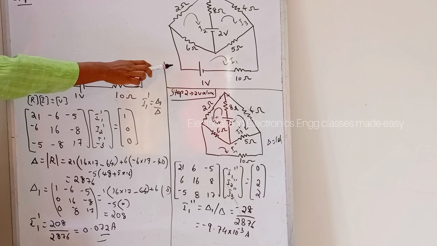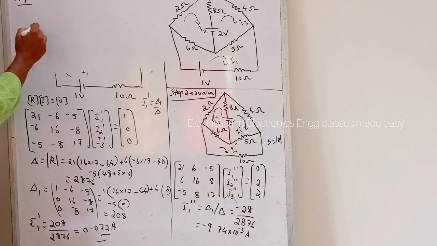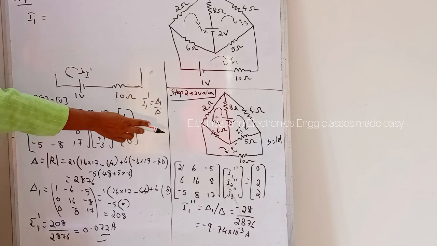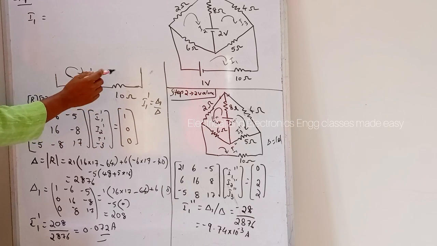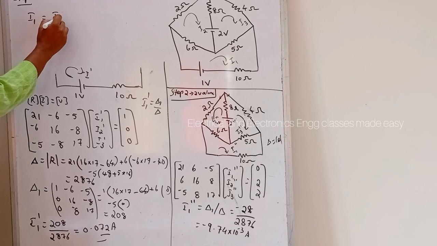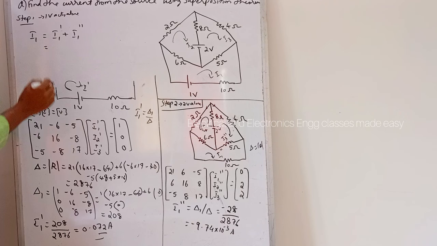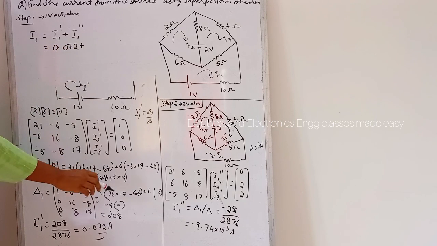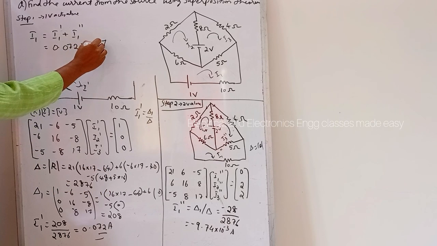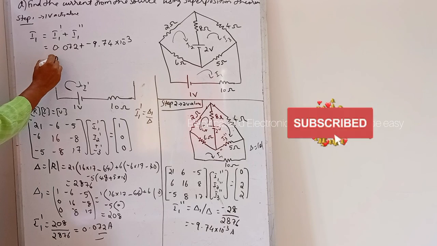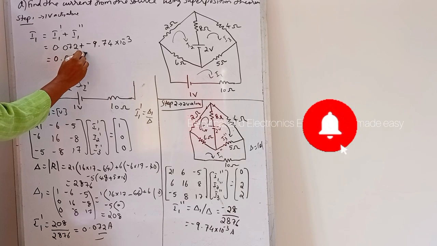Now we can find the value of the current from the source, that is from the 1 volt source, which is I1. I1 is equal to, here I1 dash in this direction and there also I1 double dash in the same direction, so we can write I1 dash plus I1 double dash, where I1 dash is 0.072 plus I1 double dash, which is minus 9.74 into 10 raised to minus 3, and that is equal to 0.062 ampere.